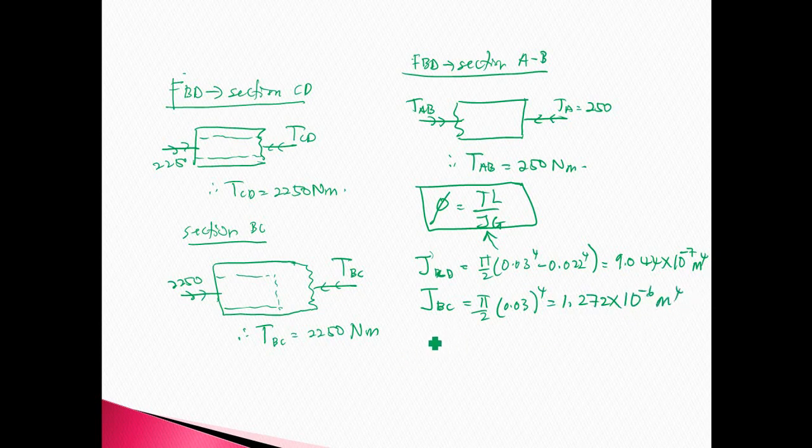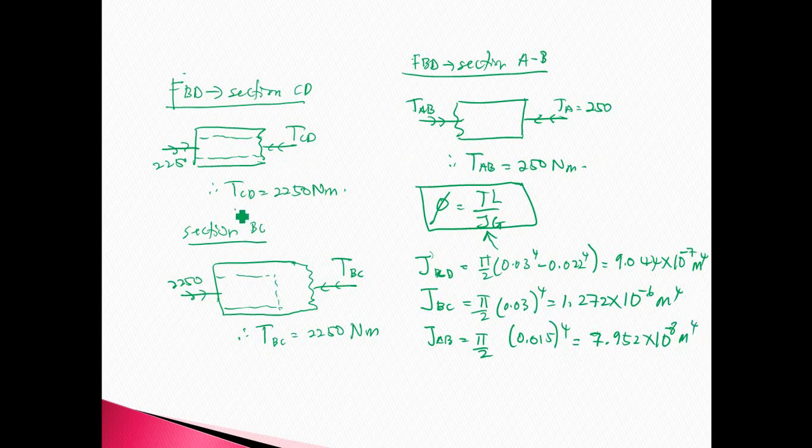The last section is section AB. The polar moment of inertia equals pi over 2 multiplied by 0.015 to the power of 4, which is 7.952 times 10 to the minus 8 m to the power of 4.